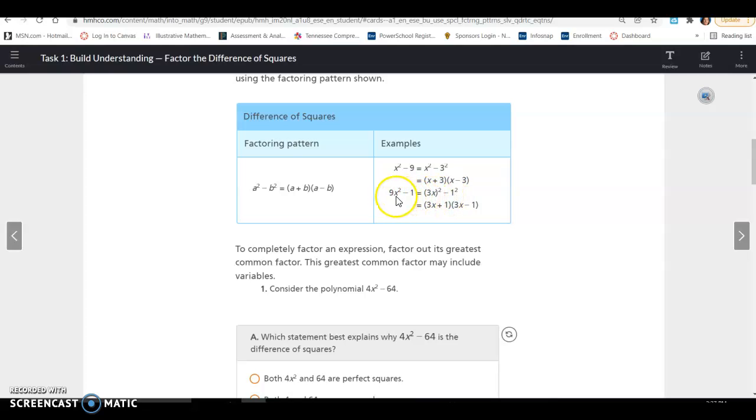So both of these, again, are perfect squares, and this is a difference of squares. So you can rewrite this as 3x plus 1 and 3x minus 1.